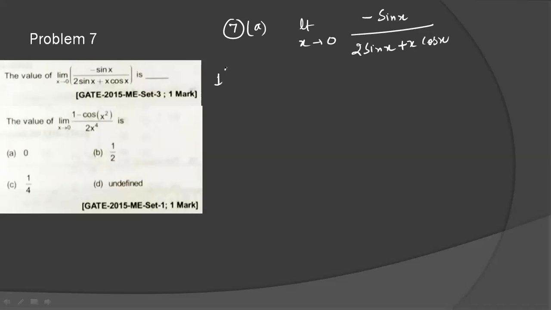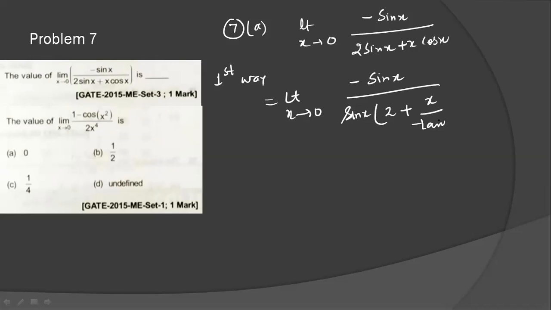First way is you just take sin x common from the numerator and denominator. If you take sin x common from the denominator, it will give you 2 plus x upon tan x. Now sin x is cancelled out. It will be limit x tending to 0 of minus 1 upon 2 plus x upon tan x.